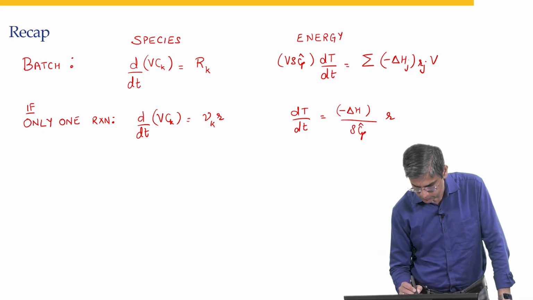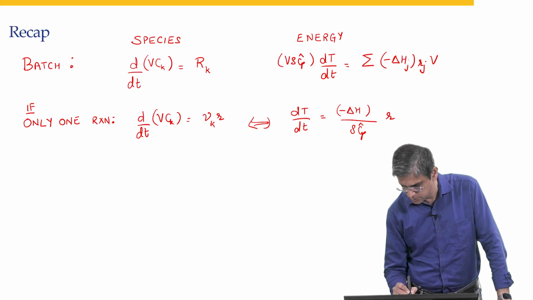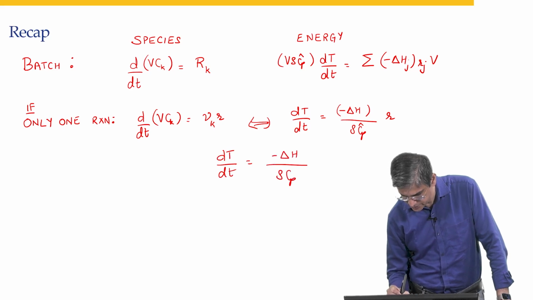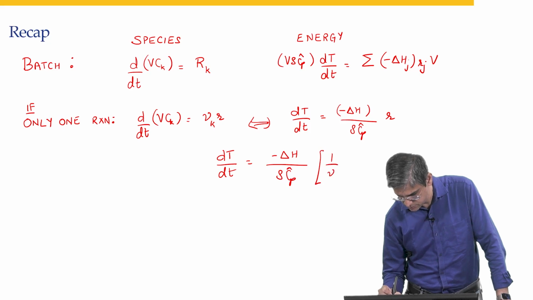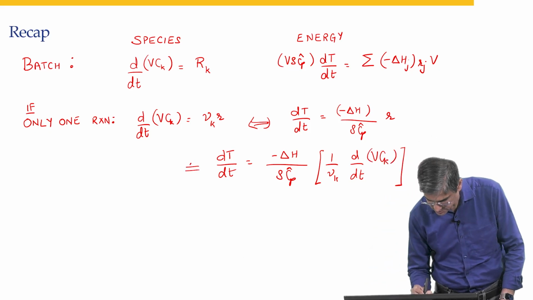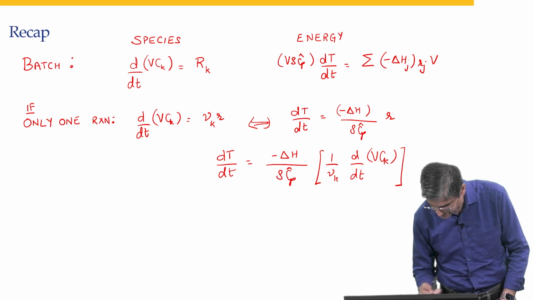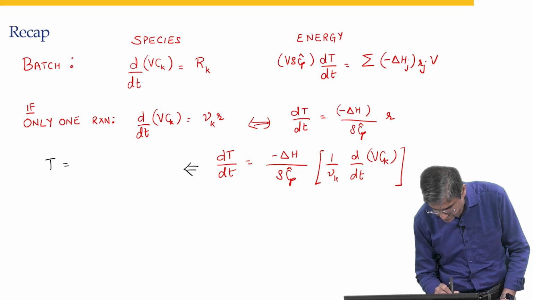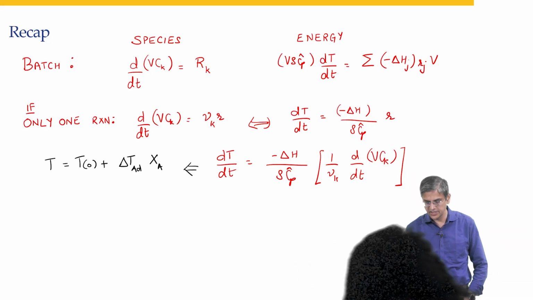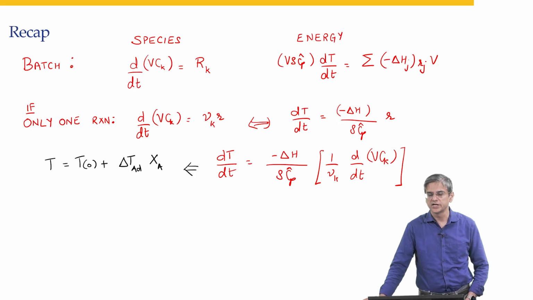We can use these two to write dT by dt as minus delta H by rho Cp hat, and from here is where we derived T equal to T naught plus this type of expression. This is just to recap.